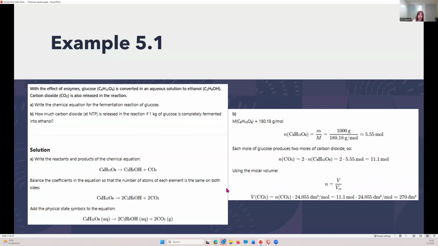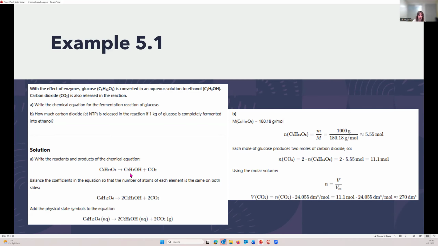So here are some examples of this. These are examples from the book, but translated into English. So glucose is converted to ethanol, and also carbon dioxide is being released. If we write the chemical equation, this is called fermentation, the reaction of glucose. So we know, first of all, the glucose formula.